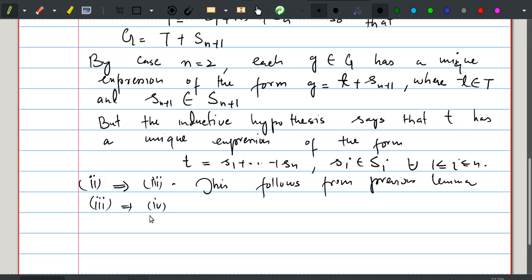Now we are assuming that Si intersection the sum of the Sj's except Si is 0, and we have to prove these equalities.